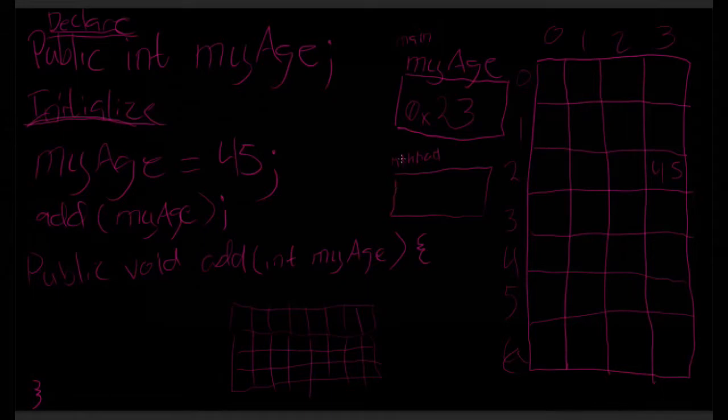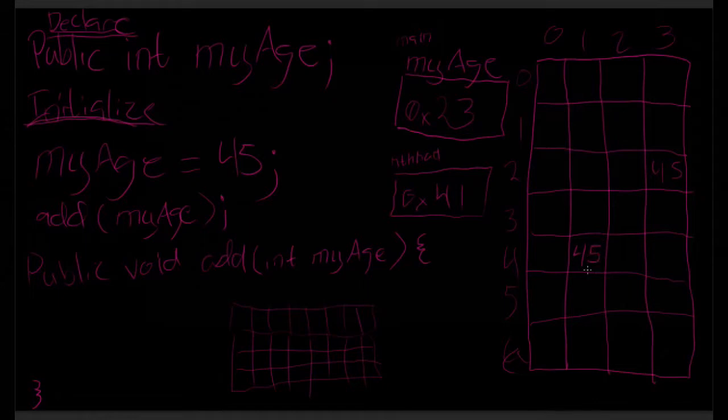So the thing you want to understand is that when we're doing this, we're passing 45 into this my age. This, once again, is declaring a new spot of memory. Let's say, for example, this spot right here is 0x41. Here we're assigning my age, which is 45, so this is going to pass the number 45 into our program.